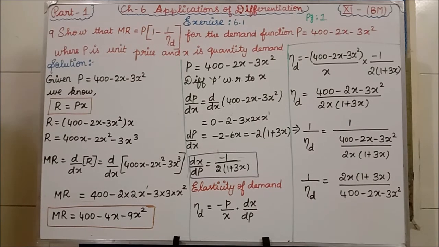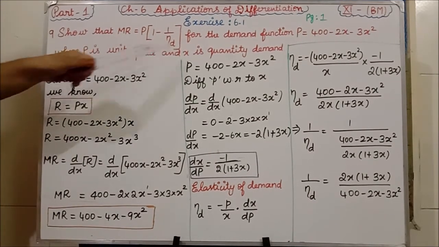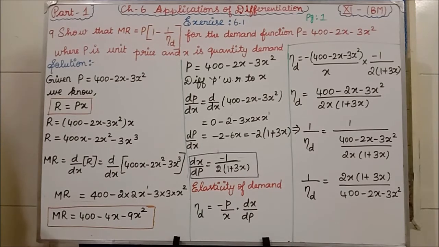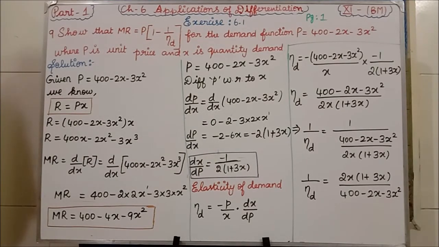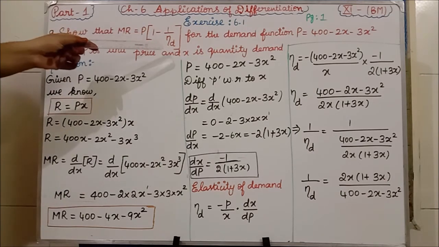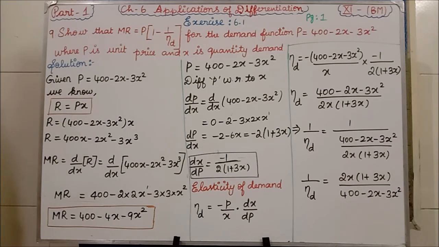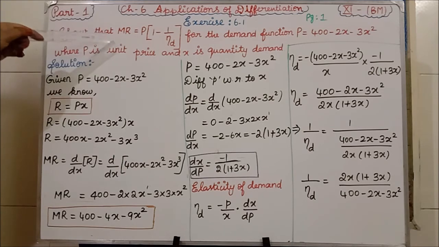No. Have they given the elasticity of demand value? No. Everything we are going to find from this price P. They have given the unit price P value, so with that we are going to find the marginal revenue and the elasticity of demand, and only then finally we will say LHS is equal to RHS.